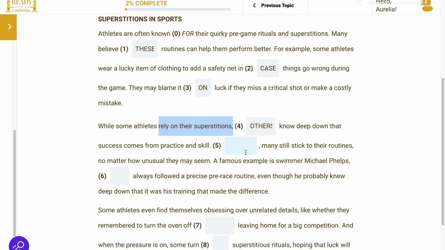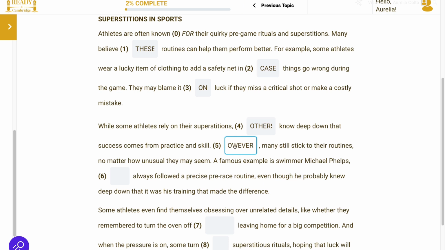The linking word, however, fits perfectly because it introduces a contrast. Besides, look at the punctuation here. However is always followed by a comma. So, however is the one we need here. Let's type it in.